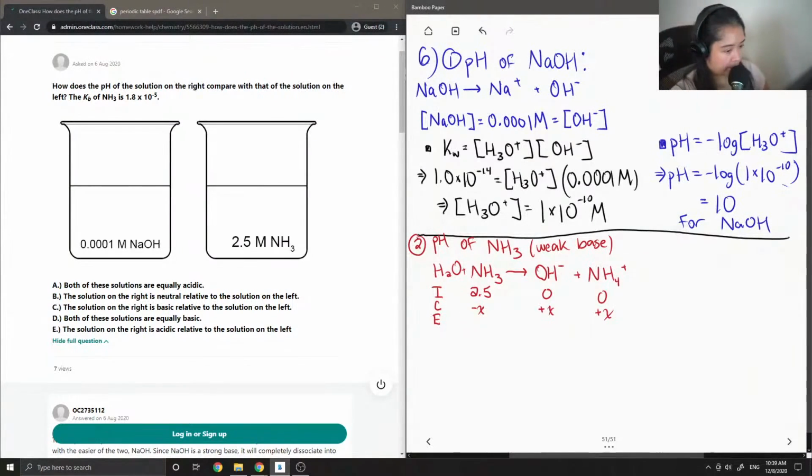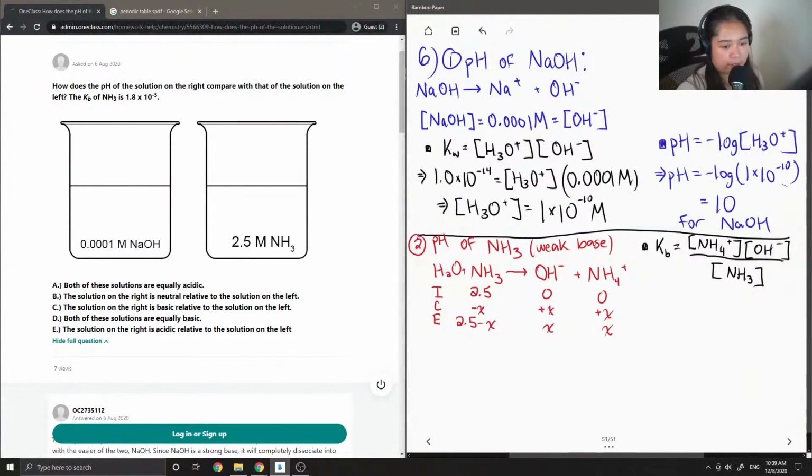And then at equilibrium, the concentration of NH3 is 2.5 minus X, and the concentrations of our products is just equal to X. So first we can write the Kb expression, which is equal to the concentration of NH4 plus times the concentration of OH minus divided by the concentration of NH3.